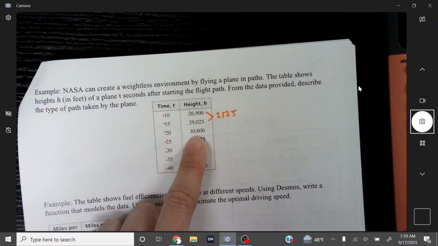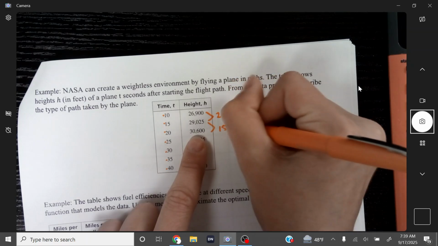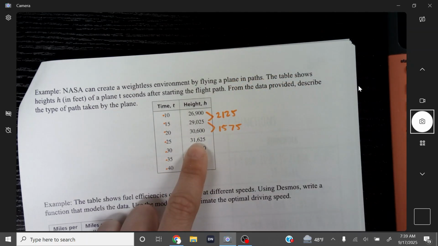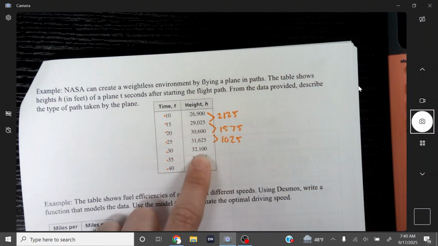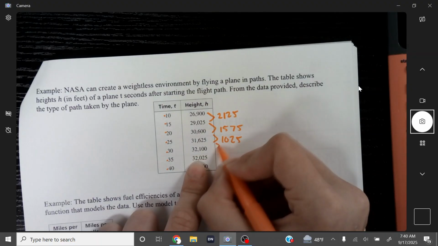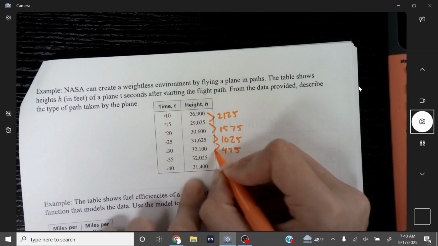Then 30,600 minus 29,025, we went 1,575. Then 31,625 minus 30,600, we're at 1,025. 32,100 minus 31,625 gives us 475.